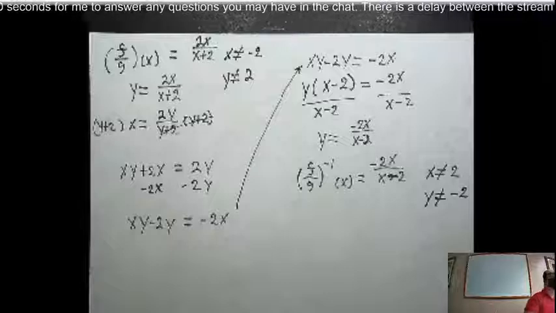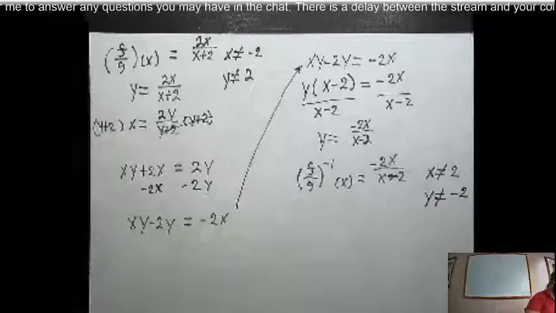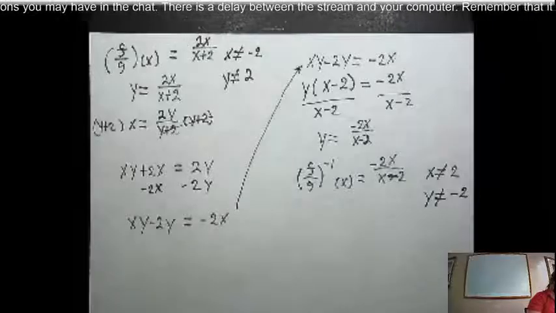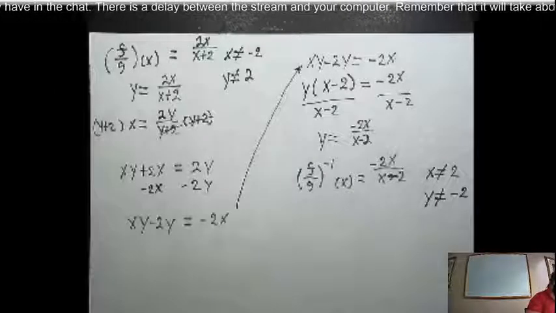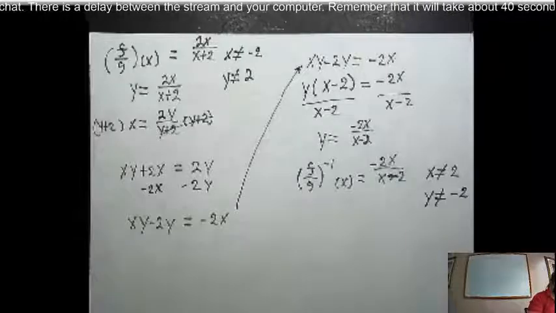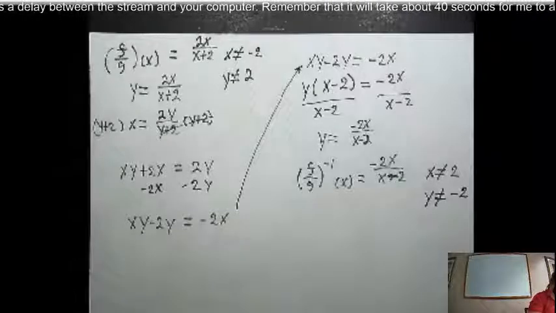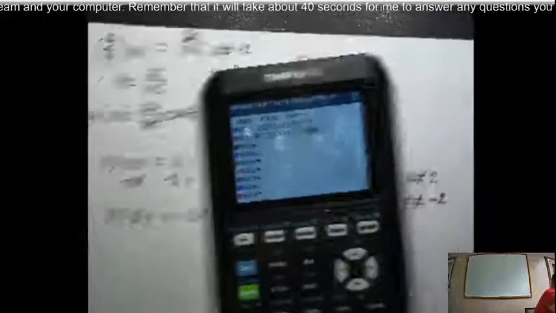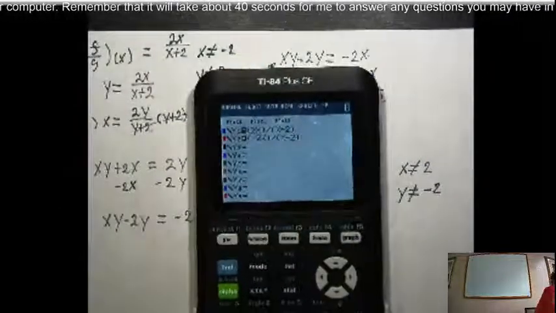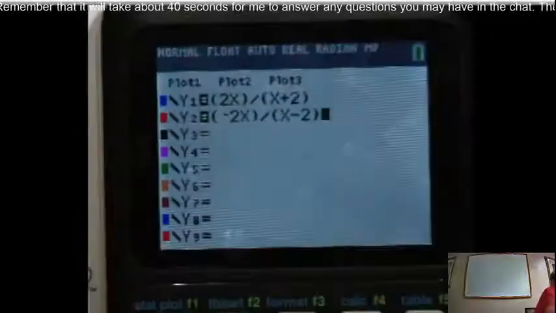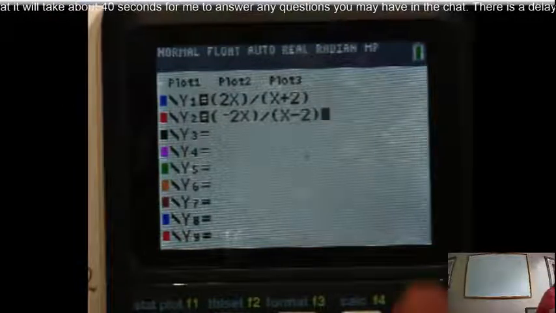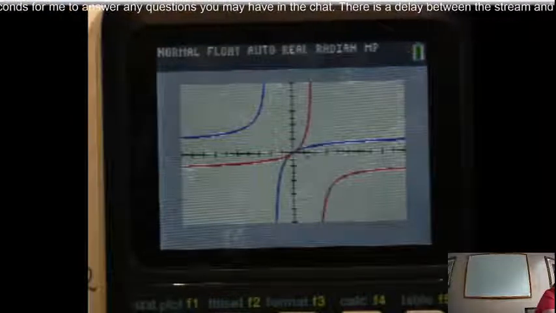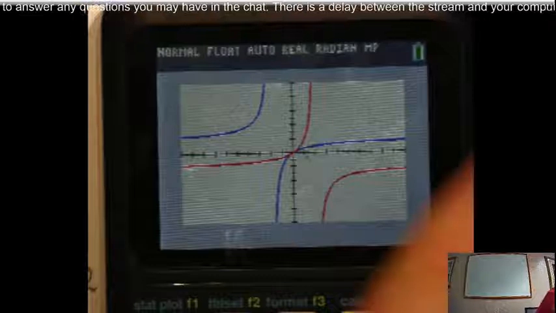And then our inverse function we found is negative 2x over x minus 2. So I've got these in the calculator, and let's go ahead and see what their graph is. Okay.